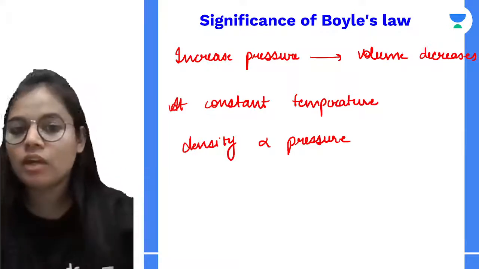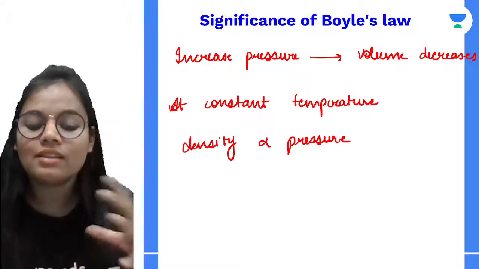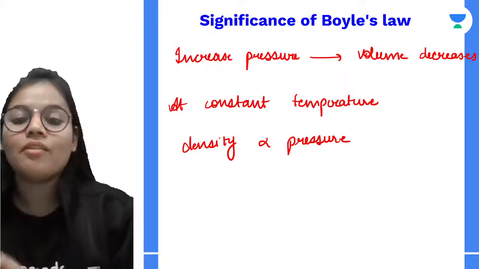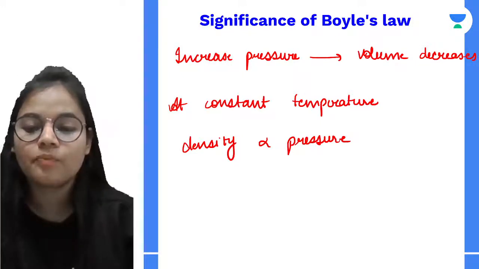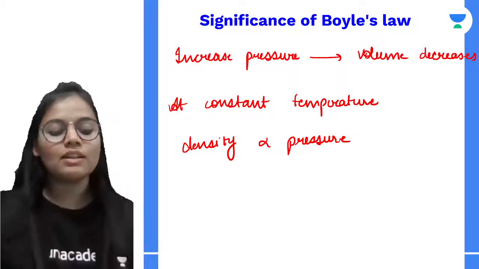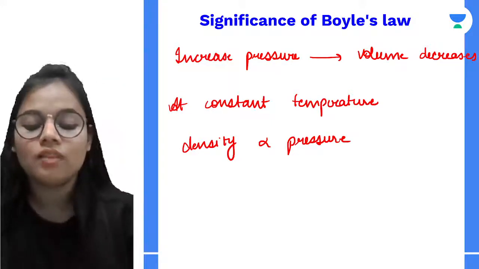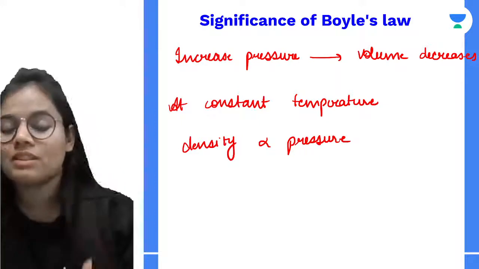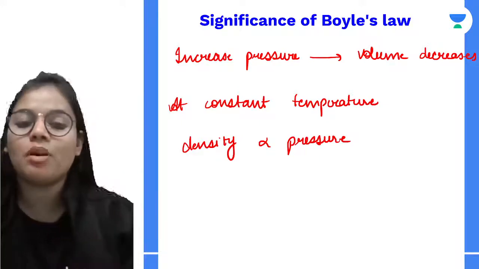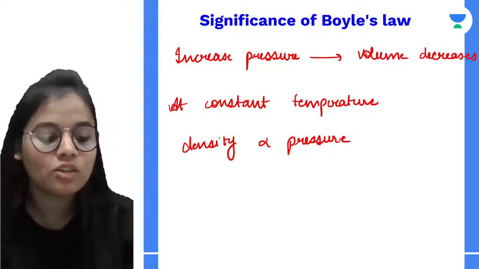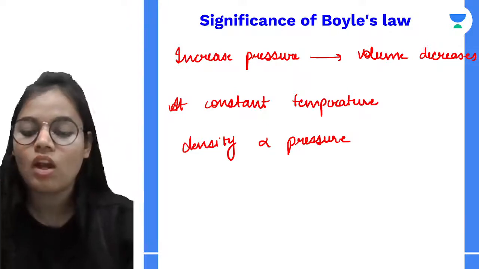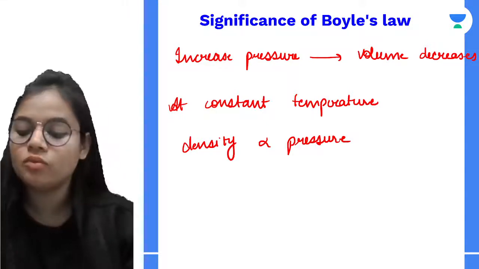Since the air available there is less dense, it has less quantity of oxygen available for breathing, and that is the reason mountaineers carry oxygen cylinders with them. Hope that is very much clear to you.